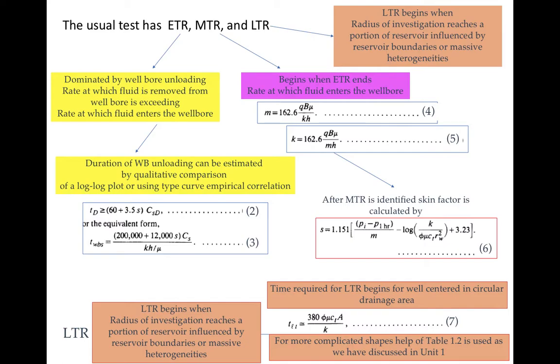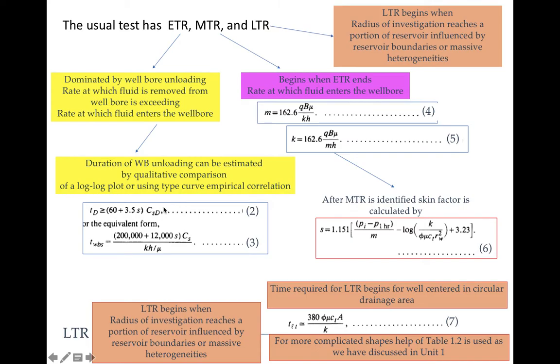Okay, so as you can see here we have equation 2, which is the dimensionless time, and CSD is the wellbore storage constant, a dimensionless constant. So it is a very critical parameter which needs to be evaluated before the reservoir properties are estimated using the type curve.